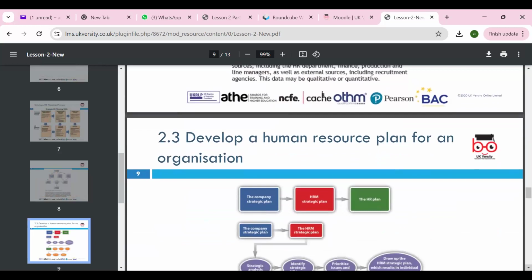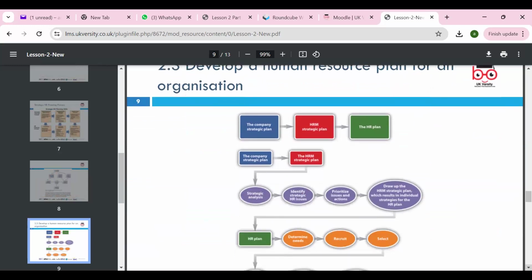Okay, next we have 2.3, develop a human resource plan for the organization. When you look at the company's strategic plan and HR planning, the strategic plan shows where the organization wants to see itself and how much staff is required to achieve those objectives, in terms of supply and demand.